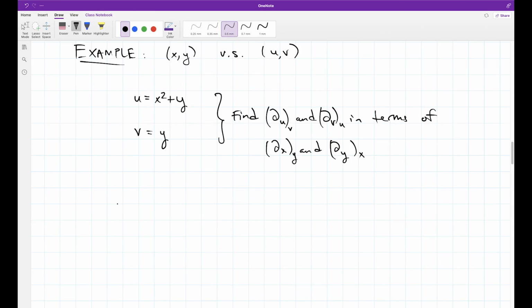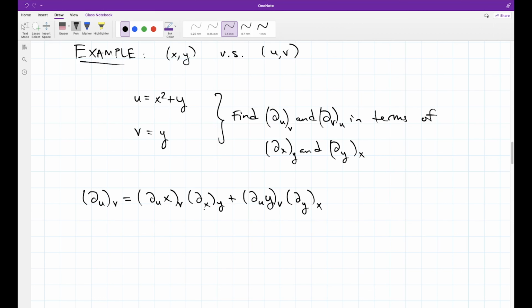All right, so let's get things written out. Let's do partial u first, just so that we get our footing. So partial u fixing v is equal to, well, partial u of x fixing v times partial x fixing y, plus partial of u with respect to y fixing v times partial y fixing x.